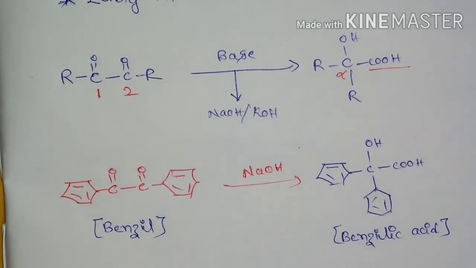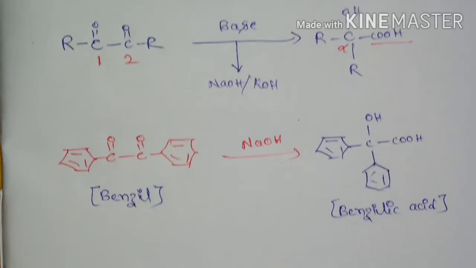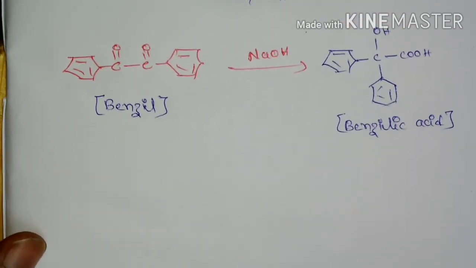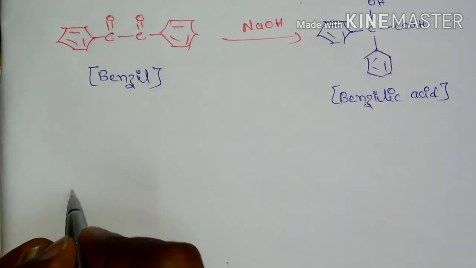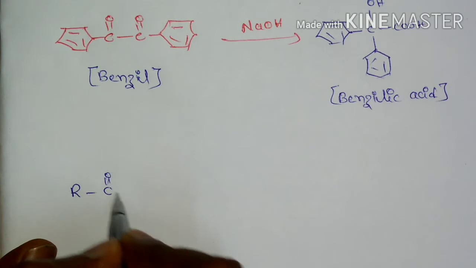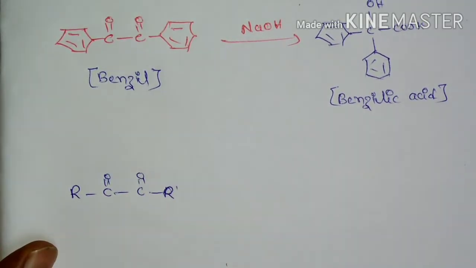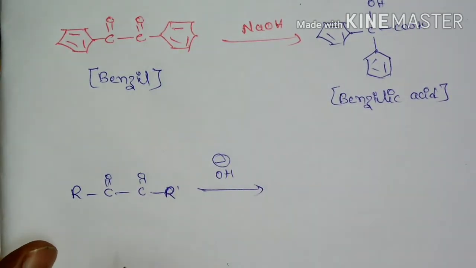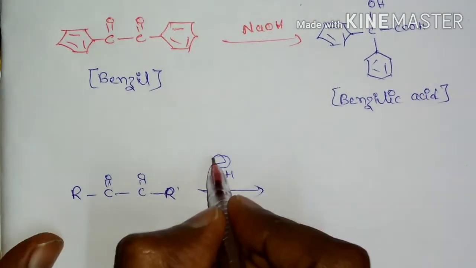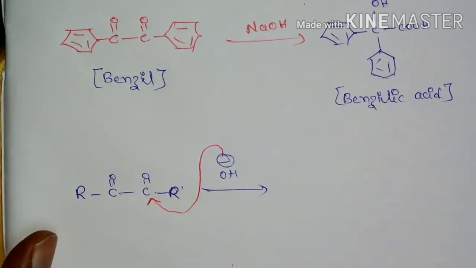So how is this benzil getting converted into benzilic acid? If you look at the mechanism, the first step is addition of the hydroxide ion. This hydroxide ion is going to act as a nucleophile, and it is going to add to the carbonyl group.